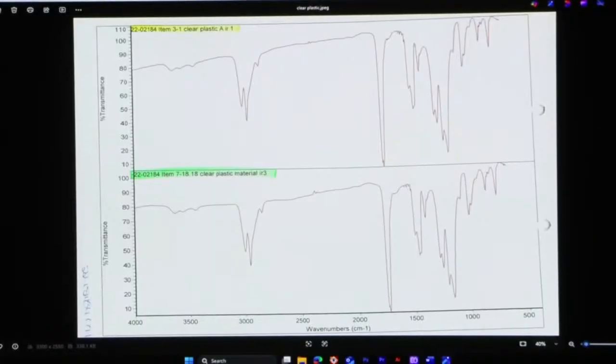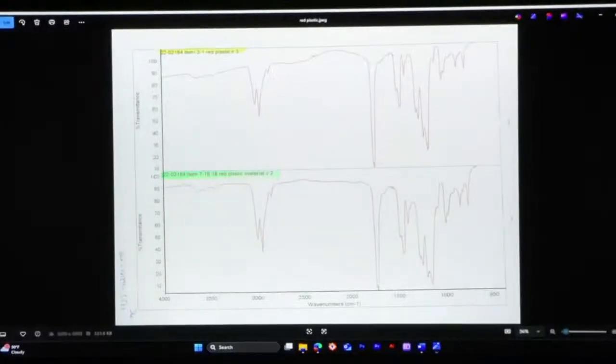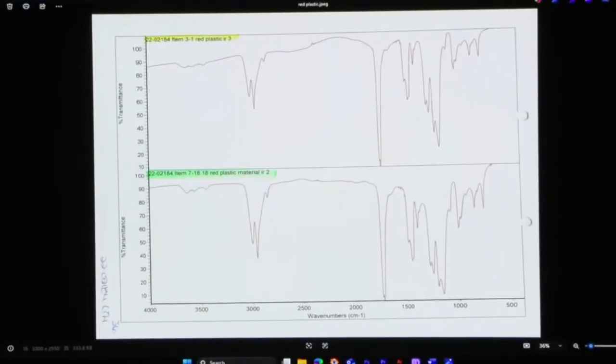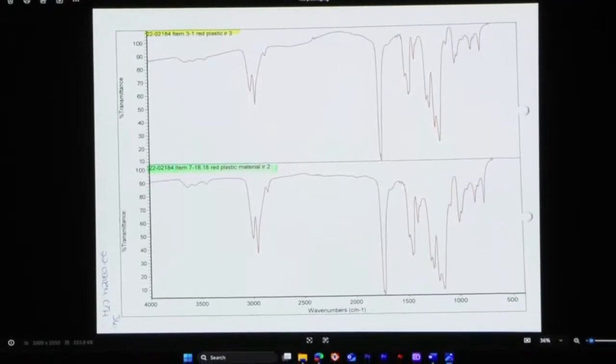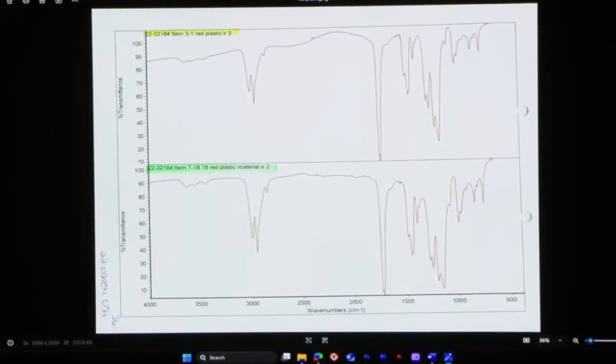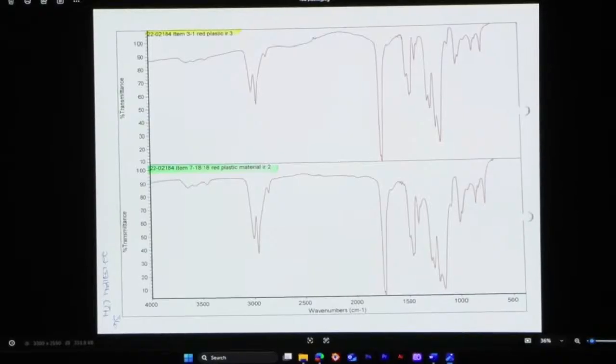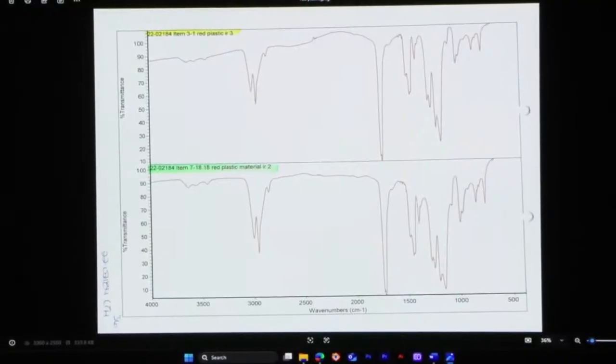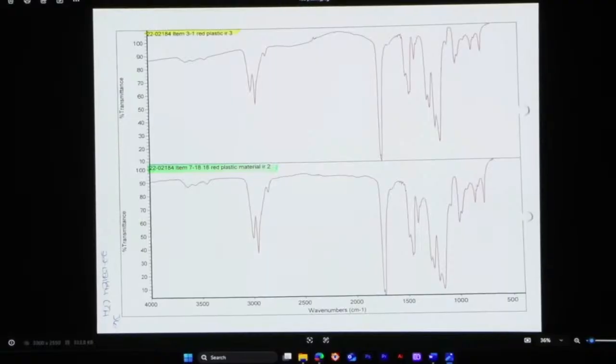And if I could turn your attention to the red plastic material from the debris from Mr. O'Keefe's clothing and the red plastic from the passenger side taillight of the defendant's vehicle, what did you conclude in your analysis there? Upon comparison, the red plastic from 7-18.18 was found to be consistent in color, microscopic appearance, and instrumental properties with the red plastic from item 3-1.